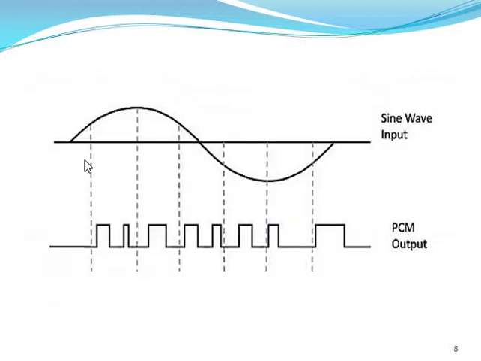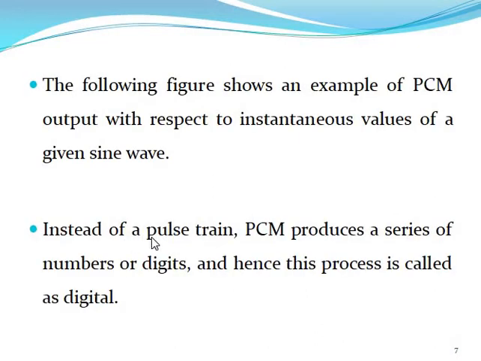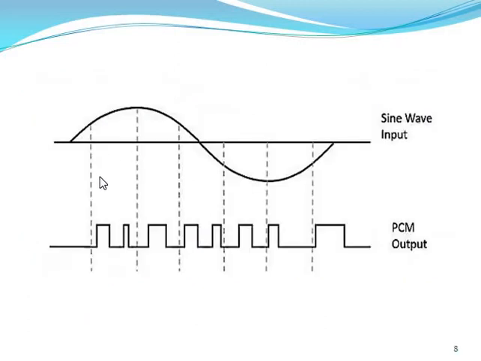You can observe that this is one sine wave and this is the converted signal, the PCM output. The pulse train produced by PCM is a serial sequence of digits, hence it is called digital.